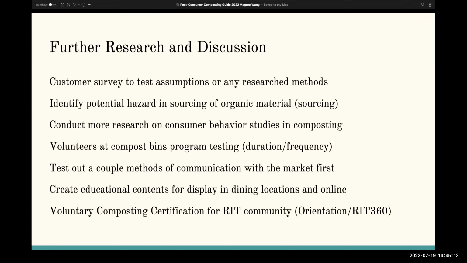That would help with the initial implementation of the program. And once the program is running and a lot of people know what is compostable and how to compost, it would be much easier to continue from one year to the next once we have some of the things set up, such as the orientation or RIT 360.